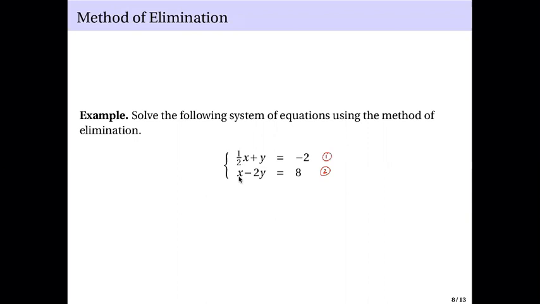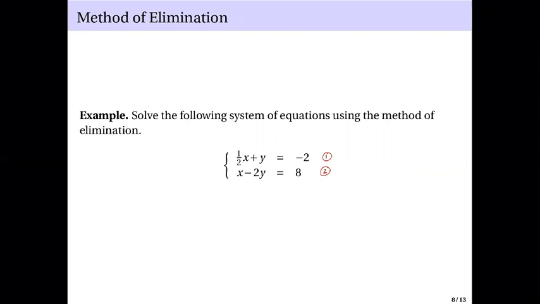We will use one of the equations given. Once we have chosen that equation, we get an equivalent equation with the condition that the coefficient of one of the variables, say the variable x, will be the same as the coefficient of the same variable x in the other equation.